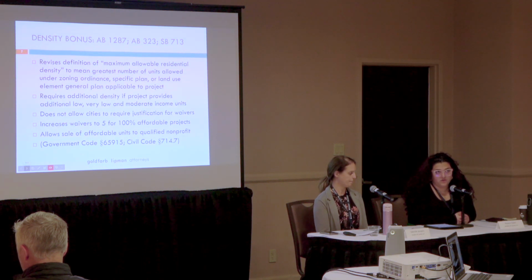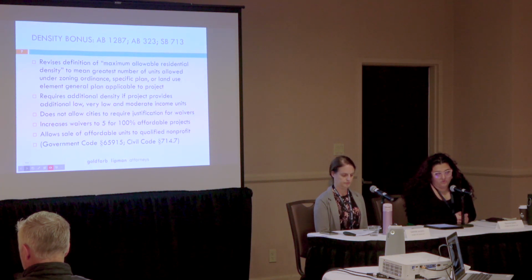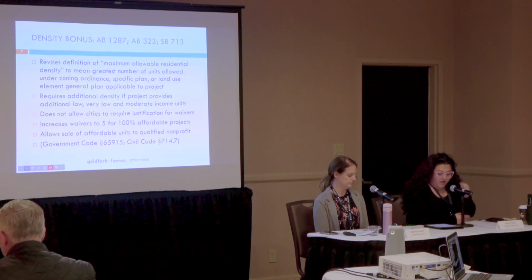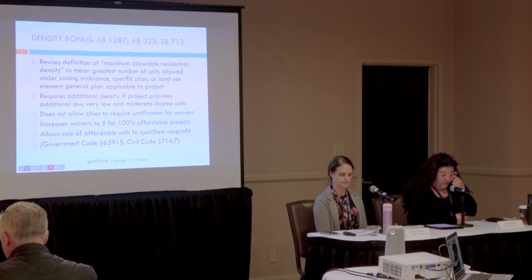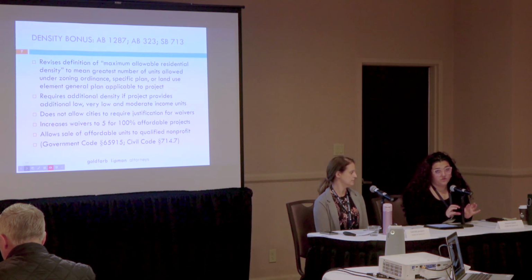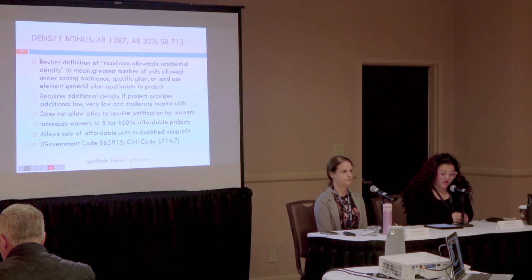So basically it increases the density bonus that a jurisdiction must provide where additional low, very low, and moderate income units are being provided by the developer. It also slightly changes the definition of maximum allowable residential density. This is the base density that you start off with and then apply the density bonus to.